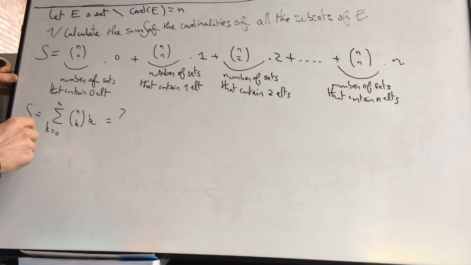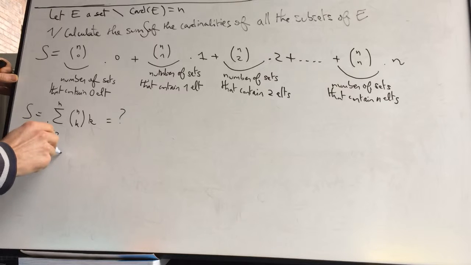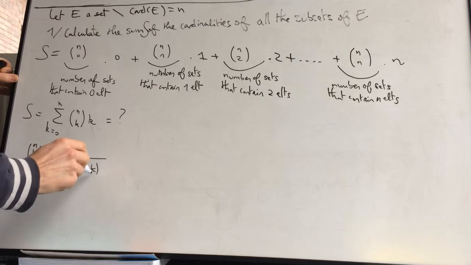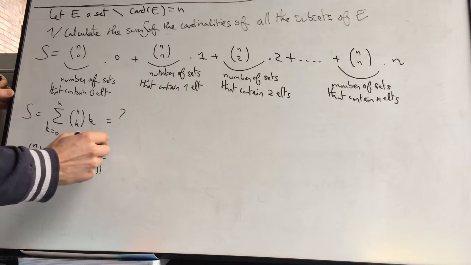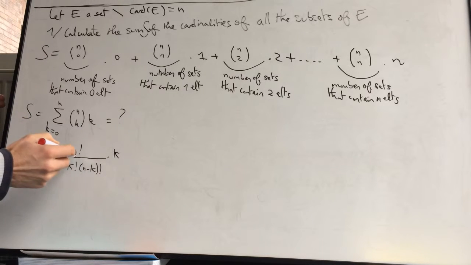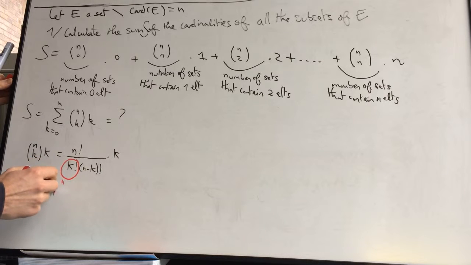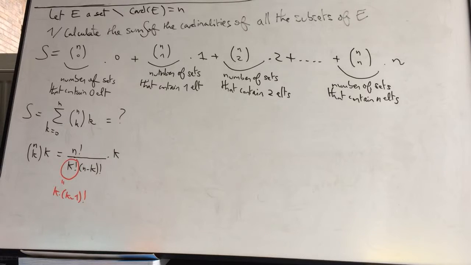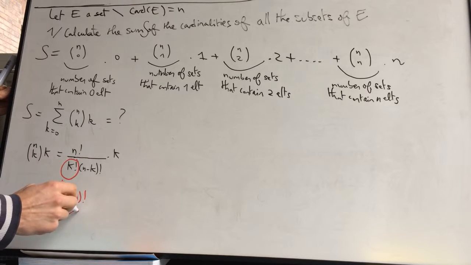So I calculate inside: n choose k is equal to factorial n over factorial k factorial n minus k, multiplied by k, and factorial k is equal to k multiplied by factorial k minus 1 if k is larger than 0.